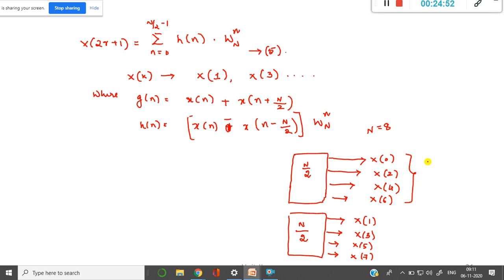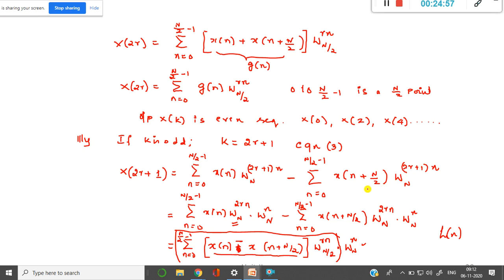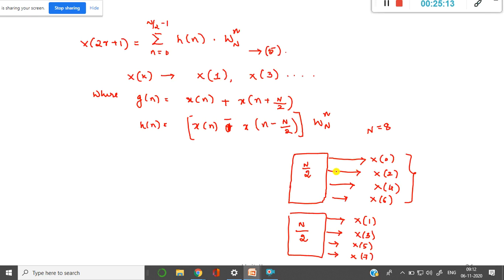This is how we are fetching these first half values from these equations. If you observe carefully, this is the equation that we have not represented, so let me call this equation 4. From equation 4, if you observe carefully, I am going to get only the even sequences of x of k. That's what I wrote here.